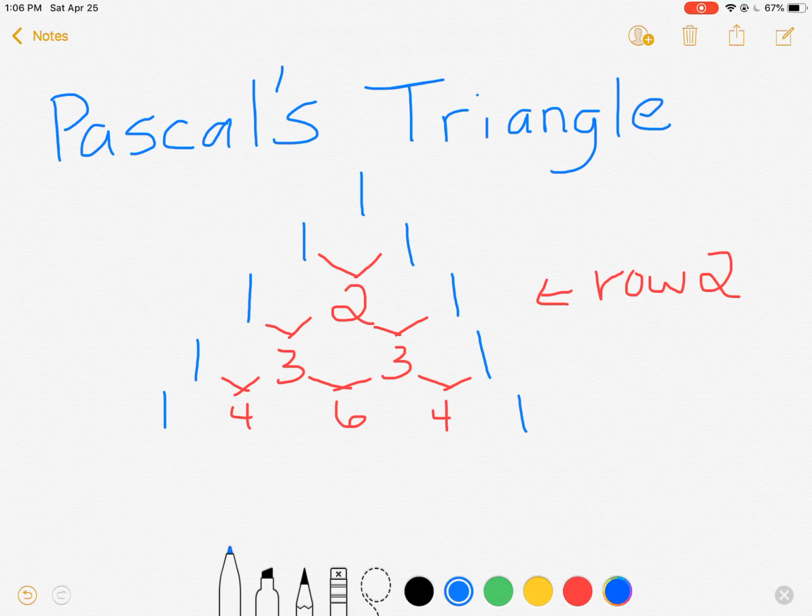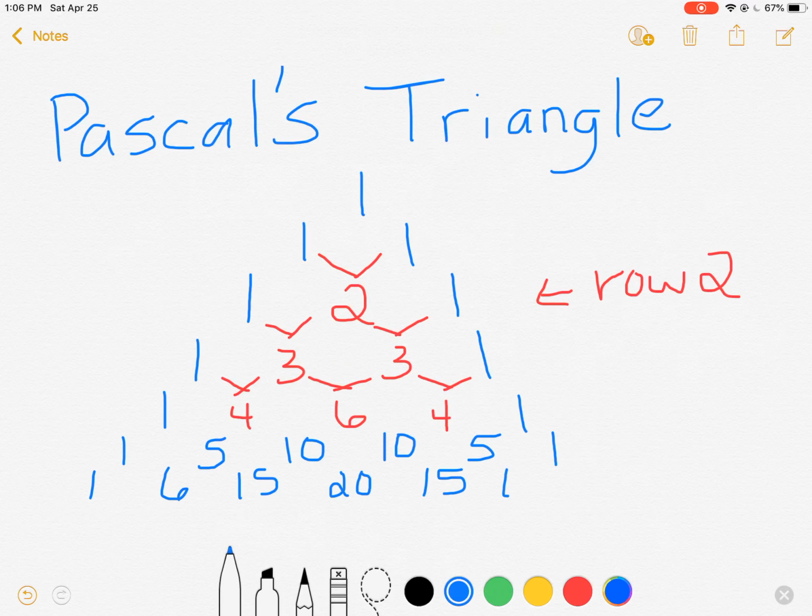And we end with a 1. We got 1, 5, 10, 10, 5, 1, 1, 6, 15, 20, 15, 6, and 1. Always starting with a 1 and then adding your numbers.